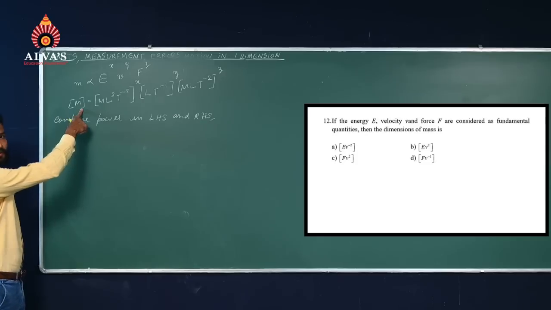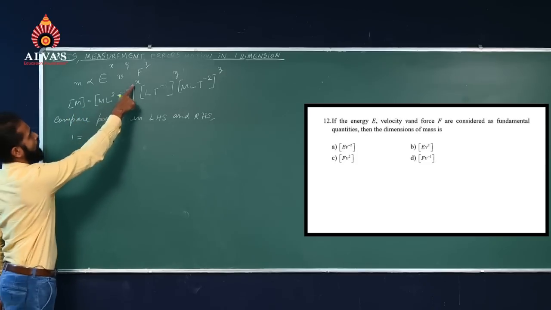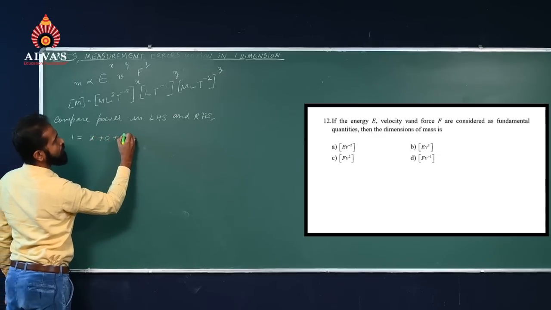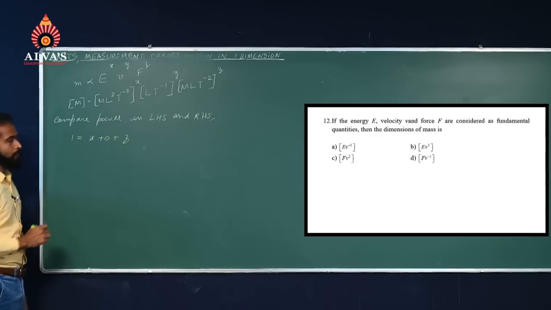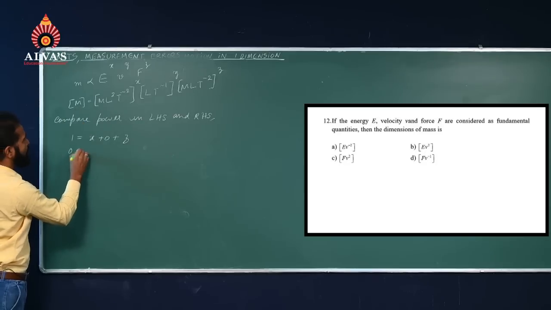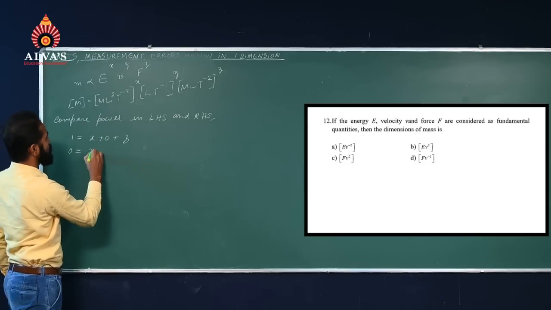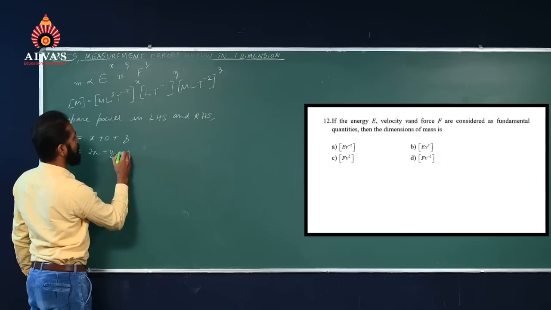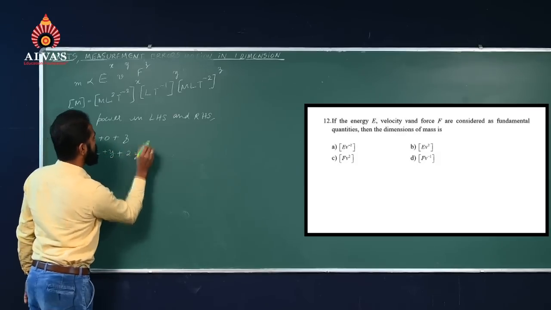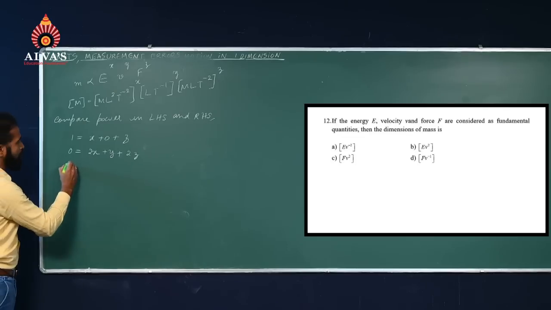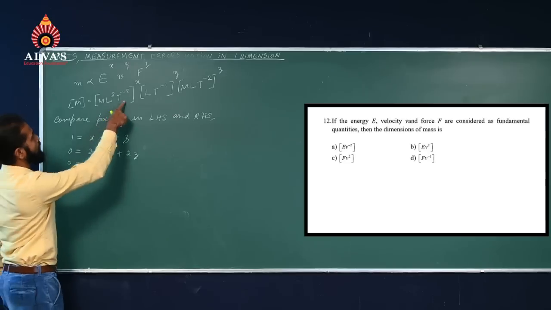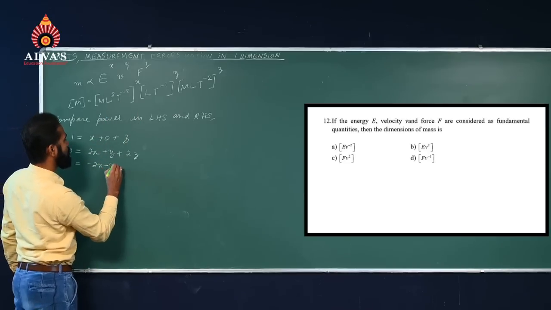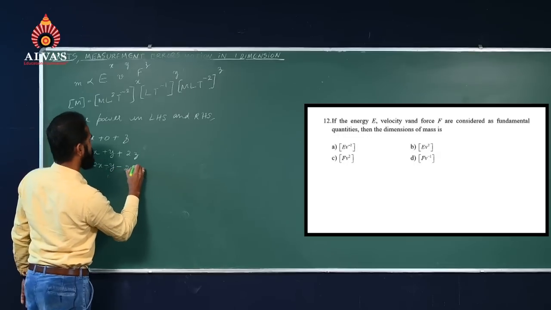Now let us compare the powers on the left hand side and right hand side. Here M has power 1, so x plus 0 plus z, that is 1. Next, L has 0 power, here it has 2x plus y minus 2z... wait, plus z terms as 2x, y, and z. Now T also on the left hand side has a power of 0, but here we have minus 2x minus y and minus 2z.